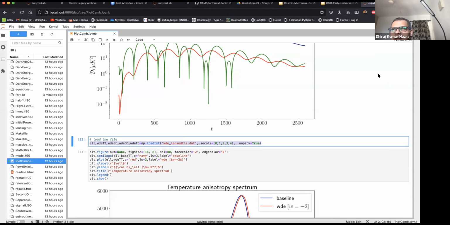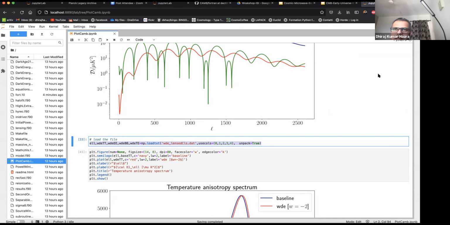If I have used lambda CDM, then W is hard coded to be -1. That is where you need to change it to W equal to -2. If you use -2, of course, it is not just W equal to -2. You have to also see what the formula for the distances is.